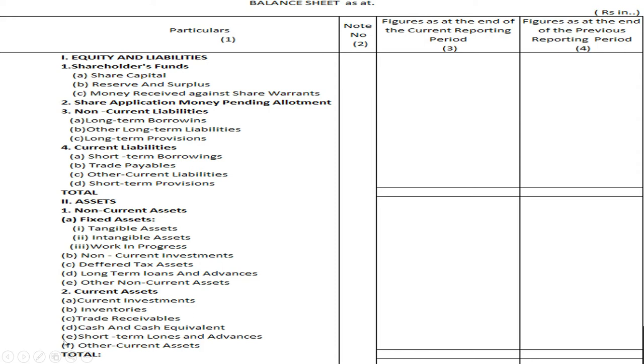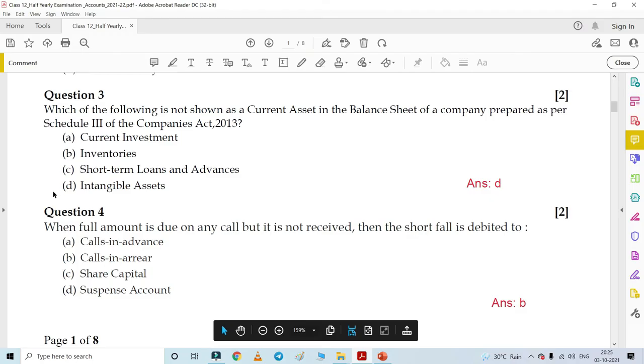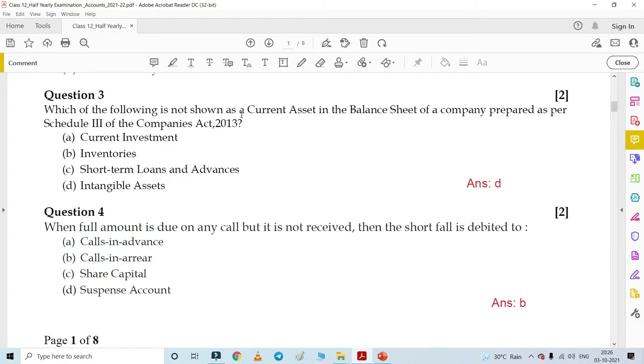Out of all these, we don't have intangible assets under the head current assets in the balance sheet of Schedule 3. So the option here would be D, that is intangible asset, which is not shown in the current assets of the balance sheet.